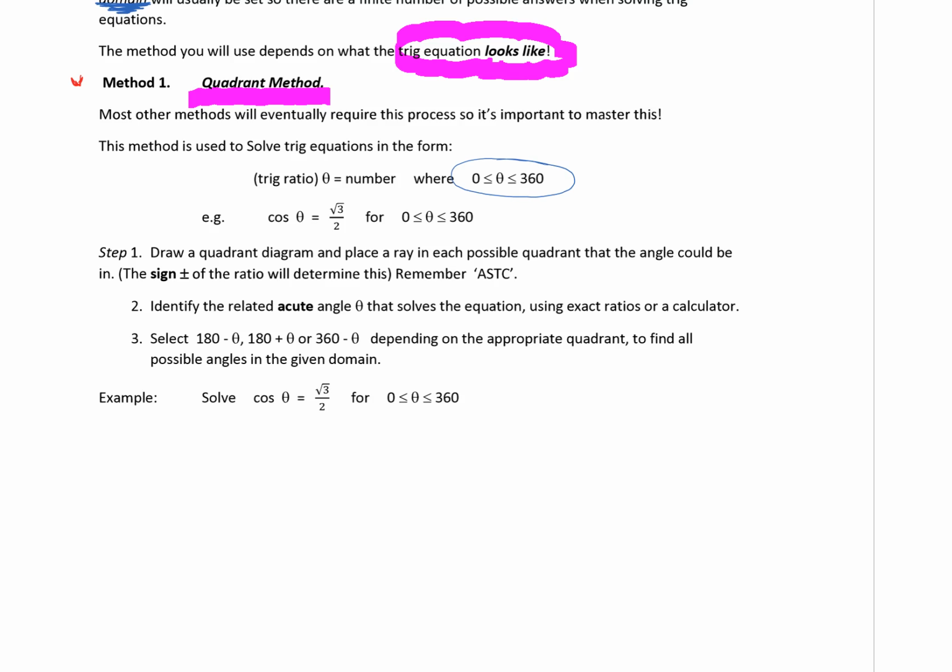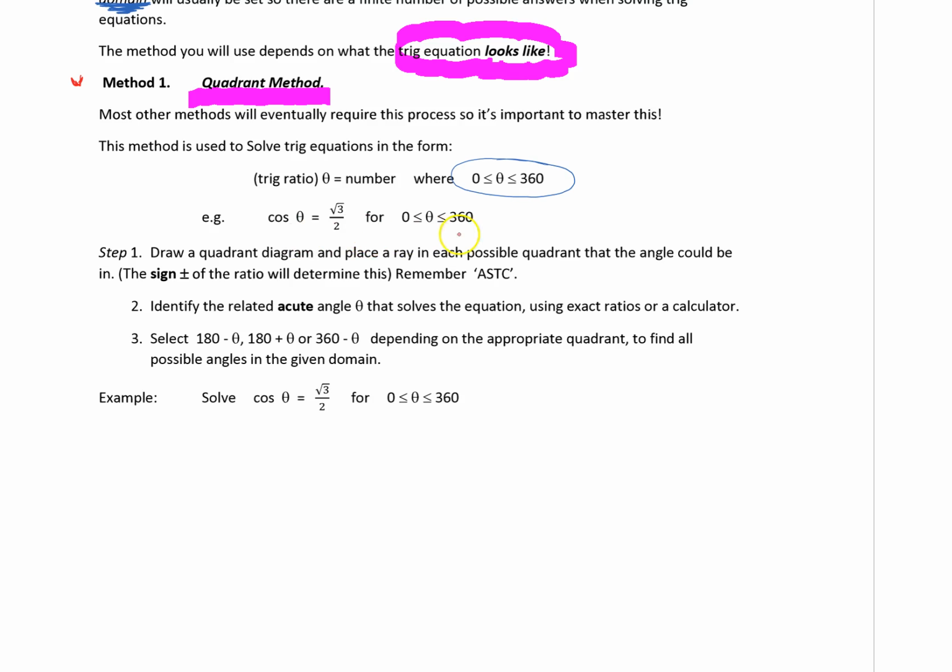So what do these particular equations look like? They simply look like trig ratio of theta, the unknown, is equal to a number, a ratio. And there is, like we said, the restriction on the domain of theta. Theta is the variable in this case.